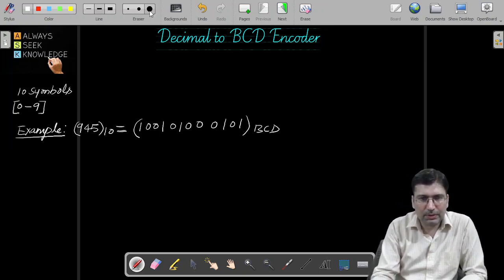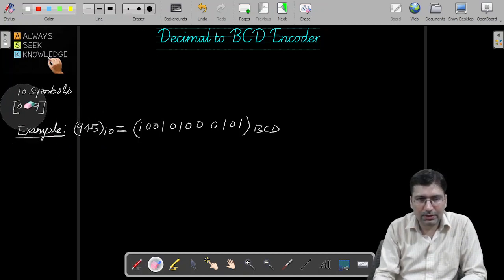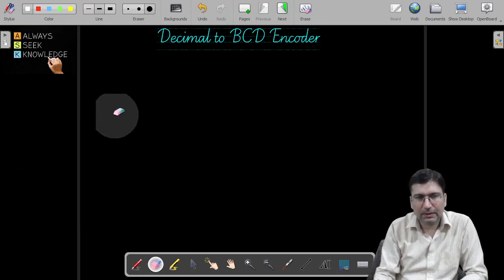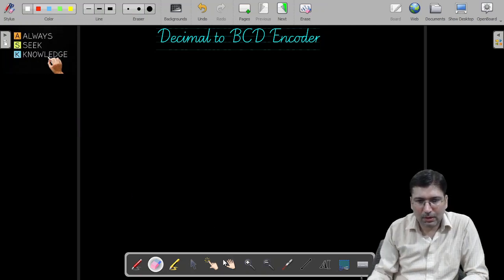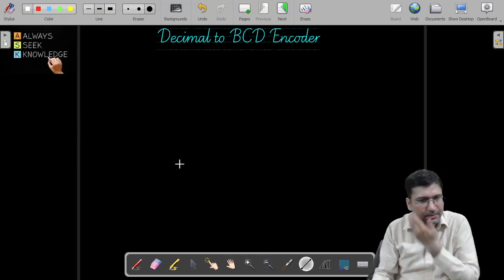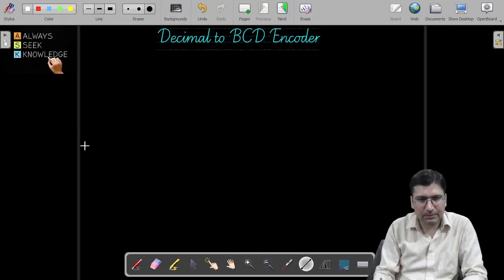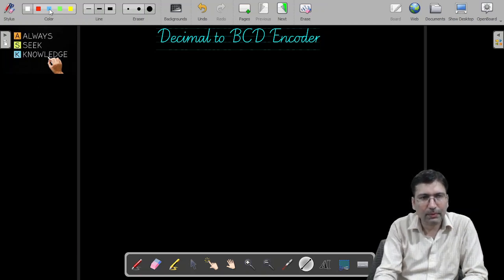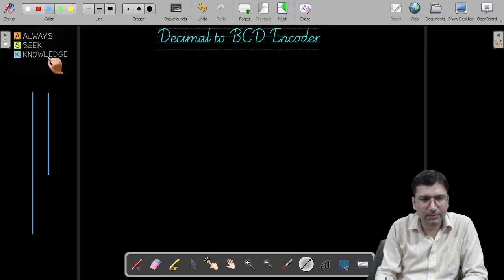So this is decimal to BCD conversion. Now when we want to design an encoder for the same task, how can we do that? Let's draw the table for that. We have 0 to 9 symbols, so we can quickly draw it like this.